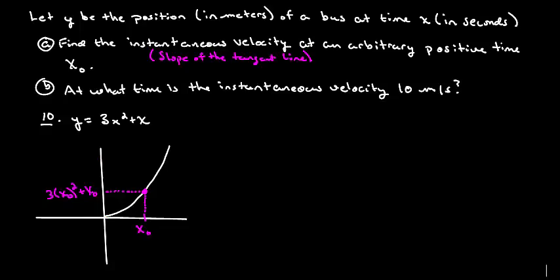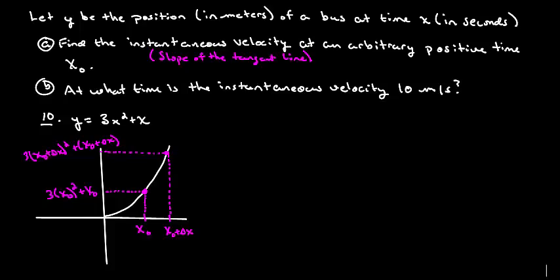So we're going to grab another point off of that, which isn't going to be too far away. We're going to call it x naught plus a little bit. Okay, and now that guy has a height of 3 times x naught plus a little bit squared plus x naught plus a little bit.